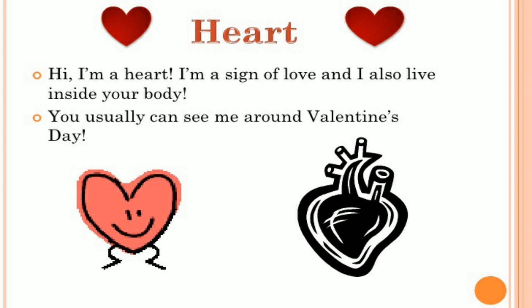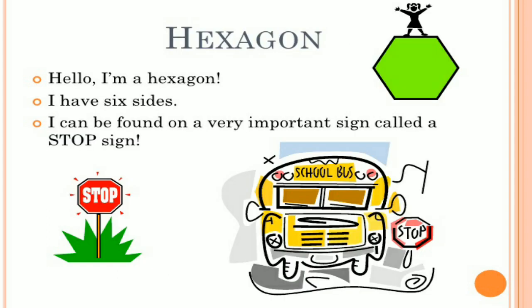Very good. So now we are going to learn the next shape, and it's a hexagon. So here we can find that a signal board is also in a hexagon shape. Hexagon has six sides. Hello, I am a hexagon. I have six sides.